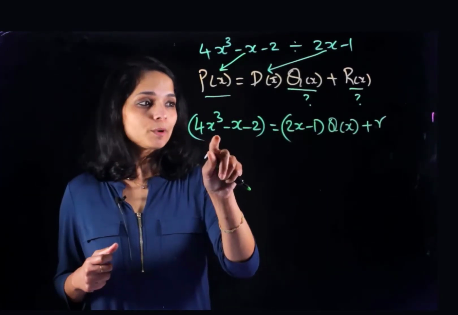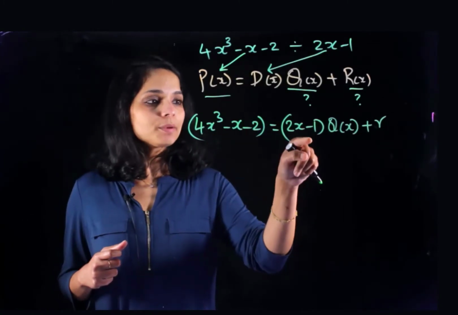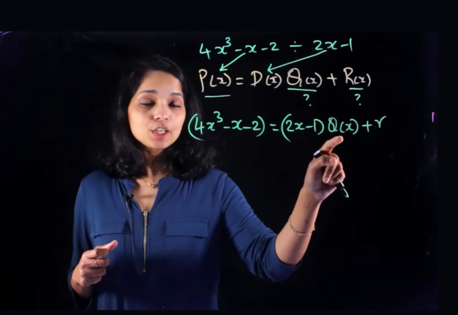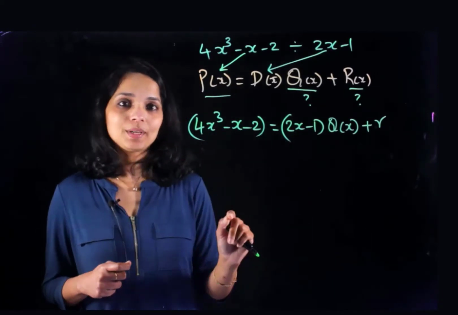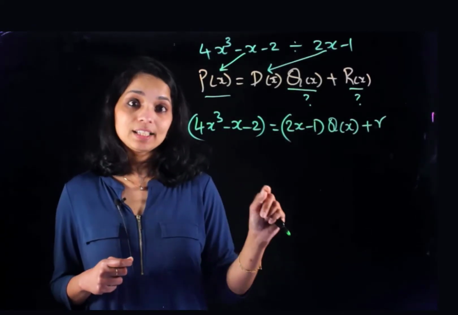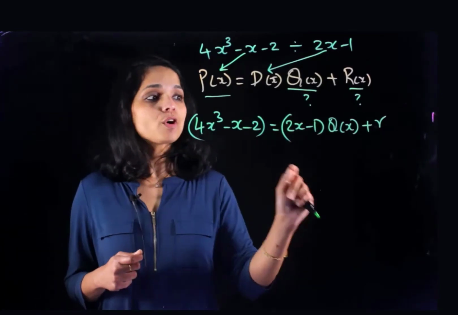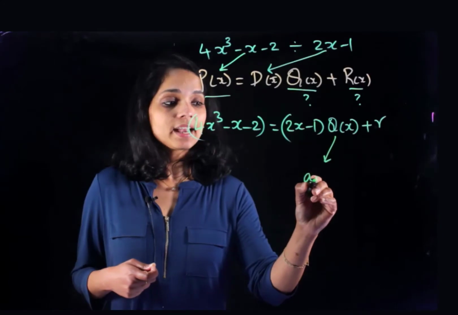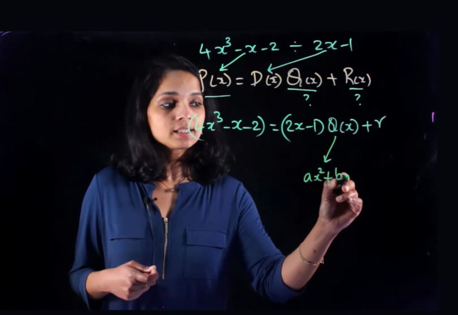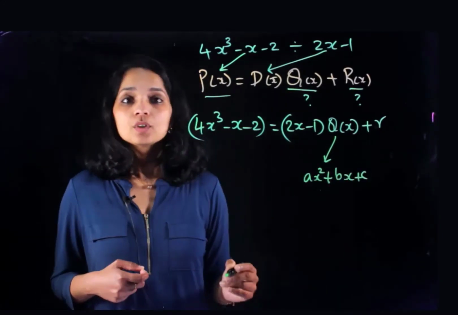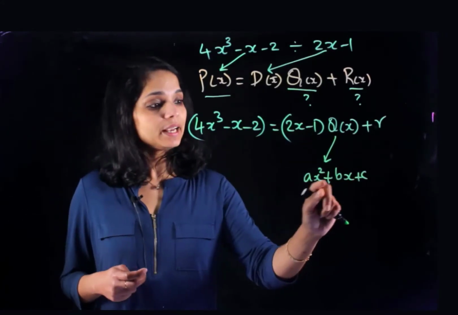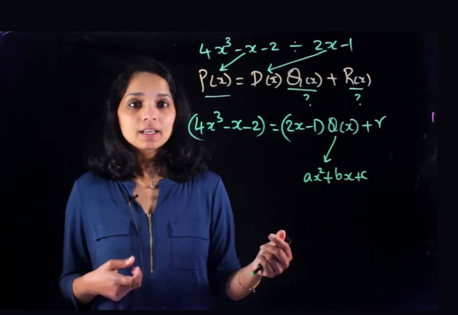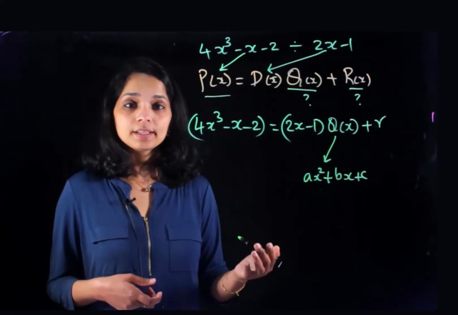This is a cubic polynomial and we're dividing by a linear polynomial. The q(x) should be a quadratic polynomial, the one with degree 2. The general form of q(x), the quadratic polynomial, is ax squared plus bx plus c. So if we can find a, b and c, then we can write q(x) easily. That's the quotient we're going to find.